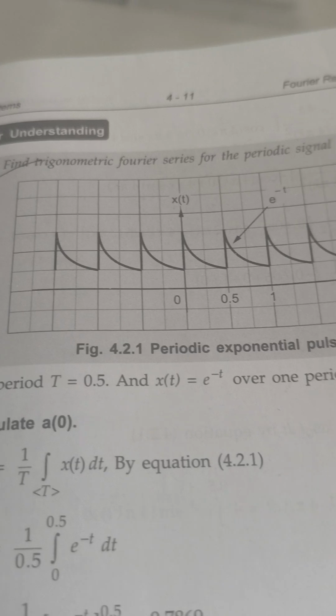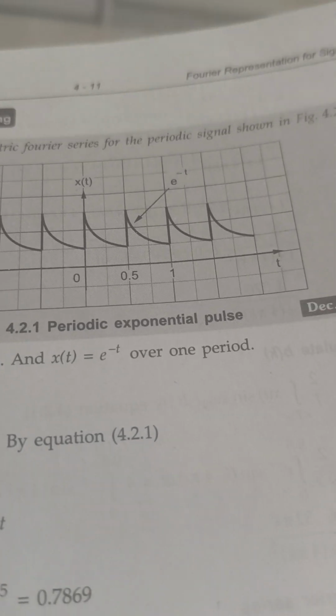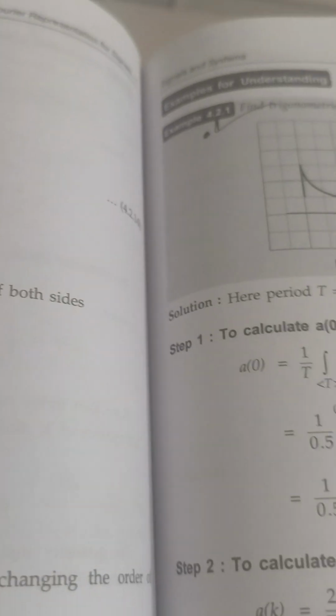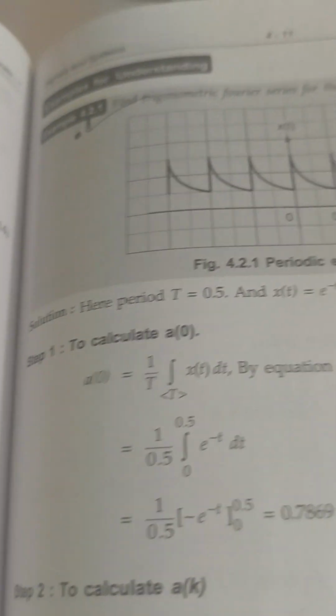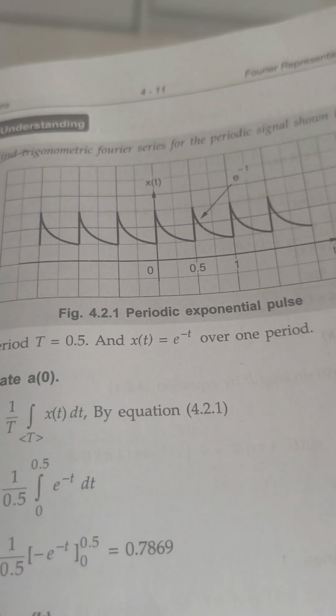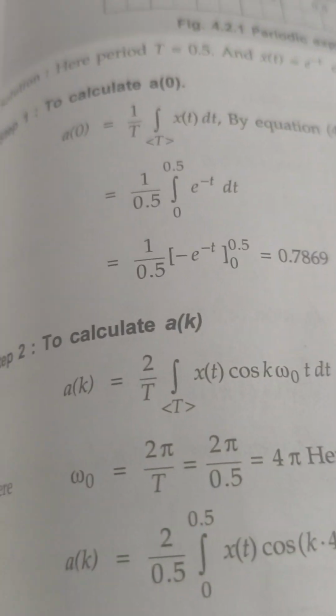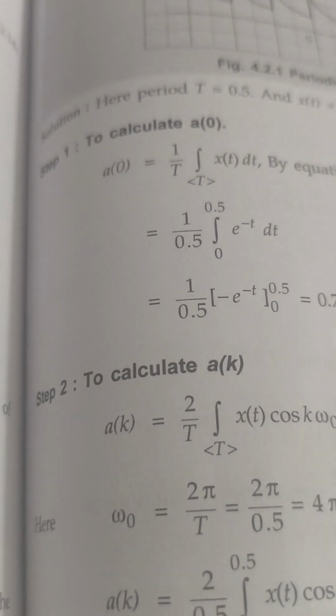Here, find the trigonometric Fourier series for the periodic signal in the figure. What is the periodic signal? They have given it here. We find the trigonometric Fourier series. In the trigonometric Fourier series, we have to calculate a of 0, a of k, b of k.